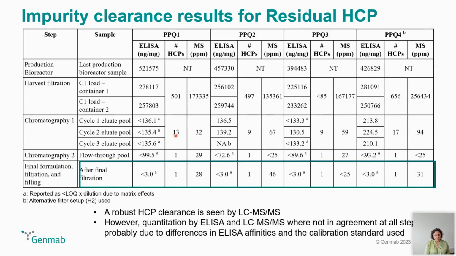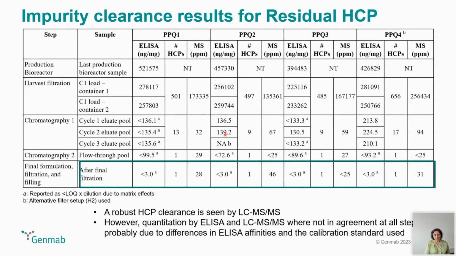At some point, the matrix affects the ELISA method, so you have to dilute too much in order to overcome the matrix effects, and then your result lies below the LOQ of the method. That's why they are reported in this way. So at some point you cannot actually demonstrate clearance because we cannot see any reduction in the next chromatographic steps.